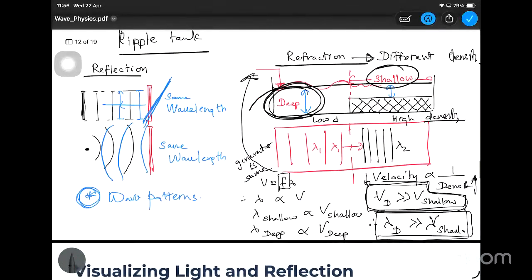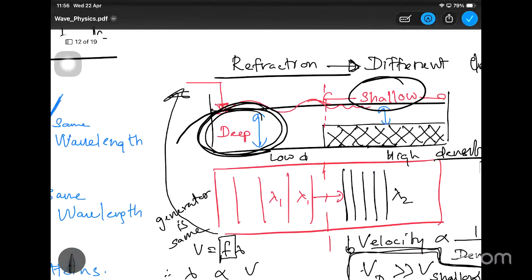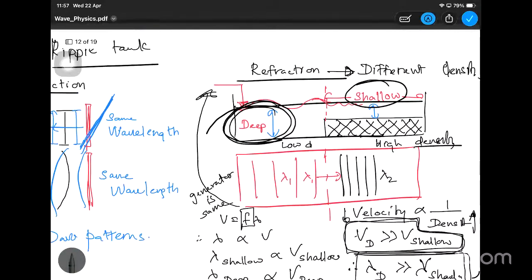So that is the main reason in beaches you are not going to experience huge waves. There are some situations where you have huge waves, but most of the time you will be experiencing smaller waves, in some cases just 1 meter height or something like that. The reason is that in the shallow region the density is higher, so the speed drastically reduces.